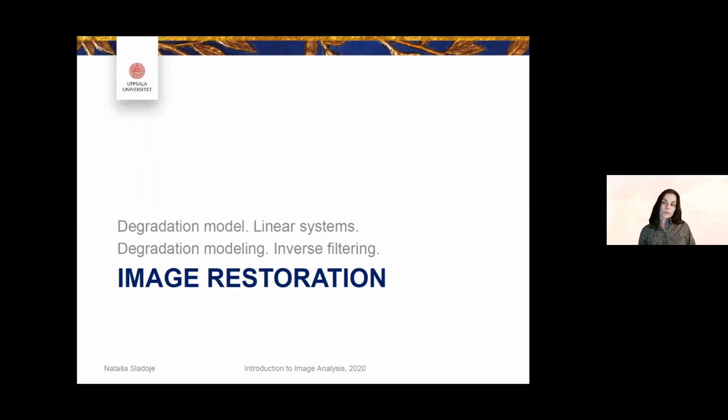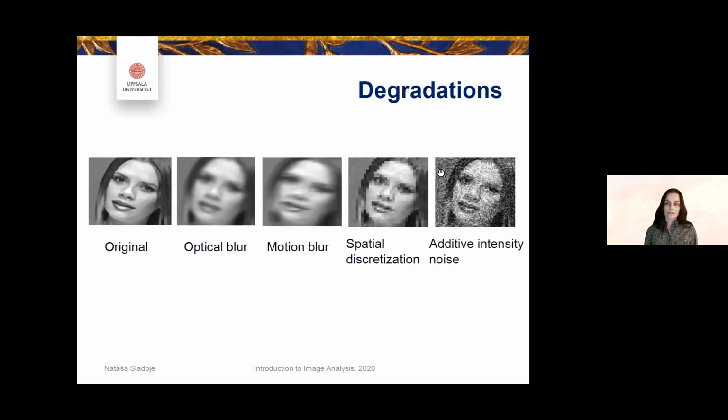Now let us continue and talk a bit about image restoration. There are, as we already said, a number of different degradations that we can expect or experience in our acquired images.